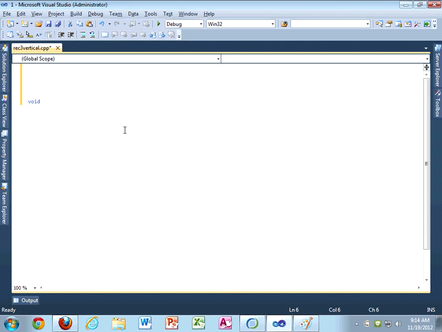I don't know about you guys, but I kind of like recursion. It's a little bit like a puzzle you're trying to solve, right? You're trying to fit the pieces in and make it work. So this is going to be write vertical.